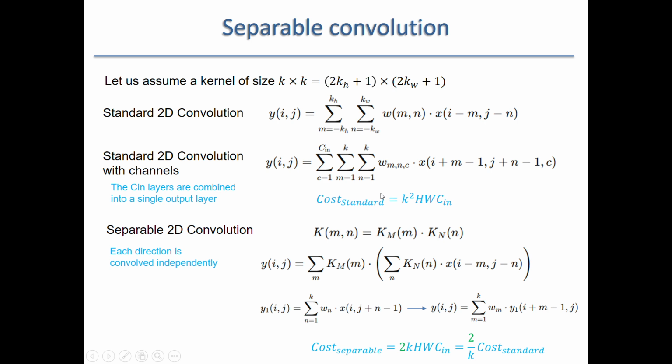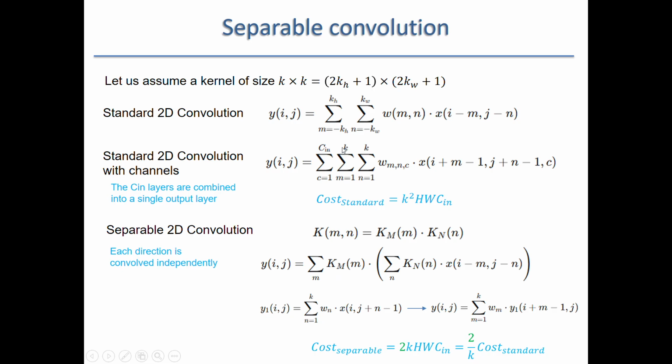Now let's say that our kernel is separable. Then all these weights can be expressed as a multiplication of two functions, one that depends on m, the other one that depends on n. One is horizontal, the other one is vertical. And then it can be proved that this sum can be performed in two steps.